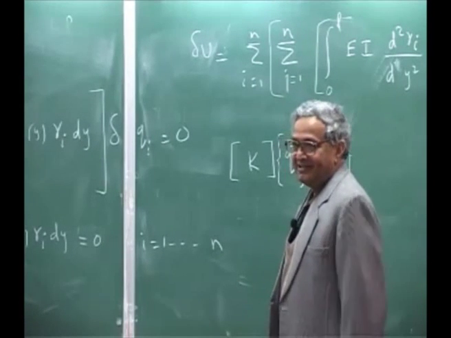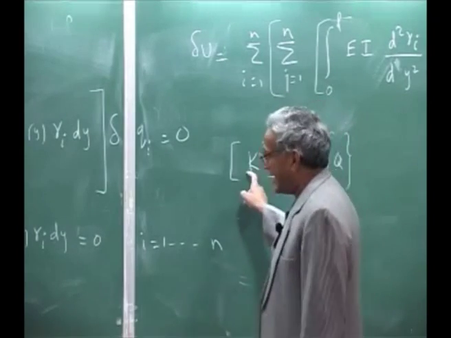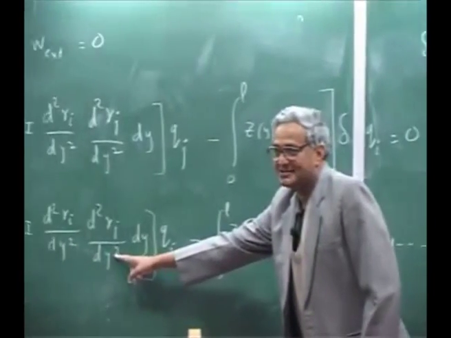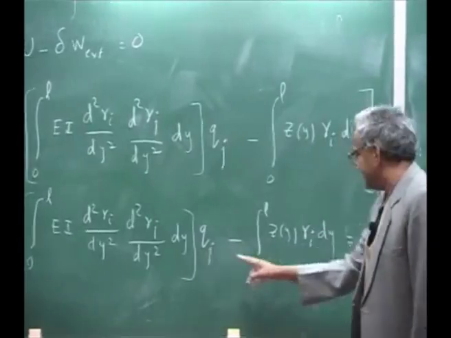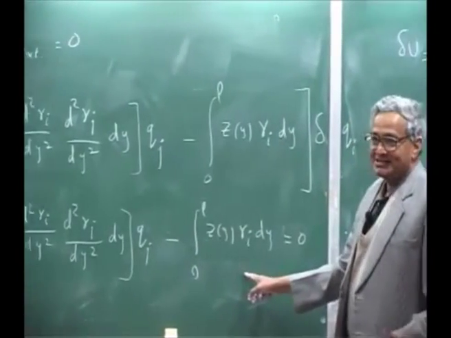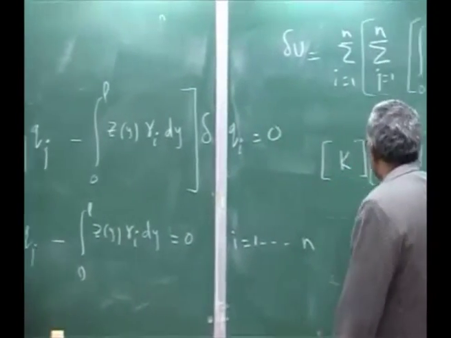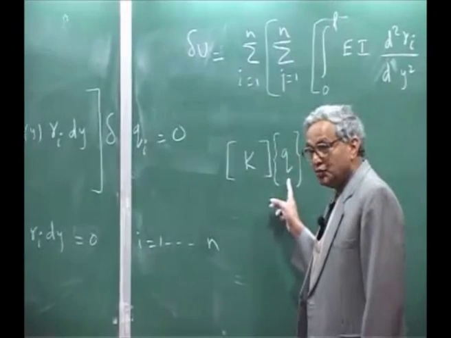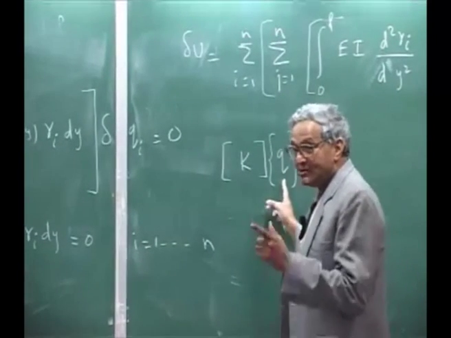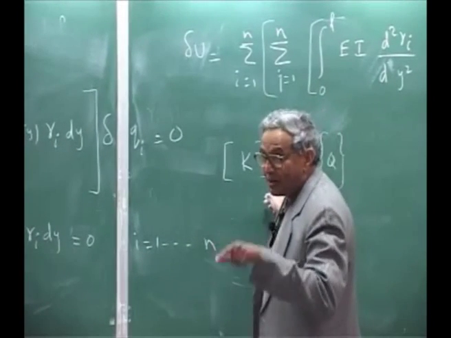Every element is this, and Q is this. This is my capital Q, which is the generalized force. Now I can solve for q. But please understand, I am only solving for the generalized coordinates.